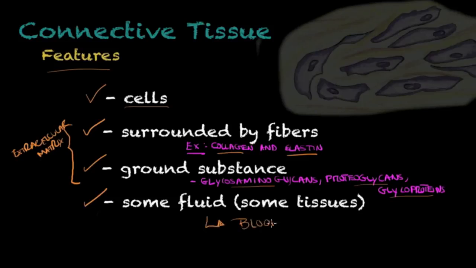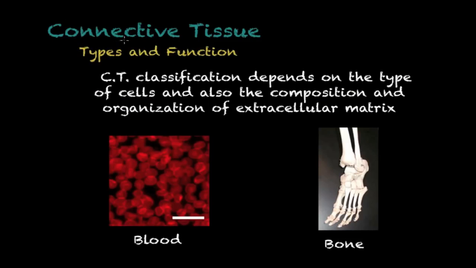As you know, blood has different types of cells that are surrounded by an extracellular matrix, but most of it is, of course, fluid. So it is important to note that some of the connective tissues out there are surrounded by some fluid.